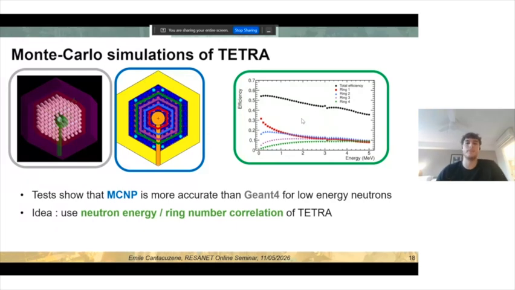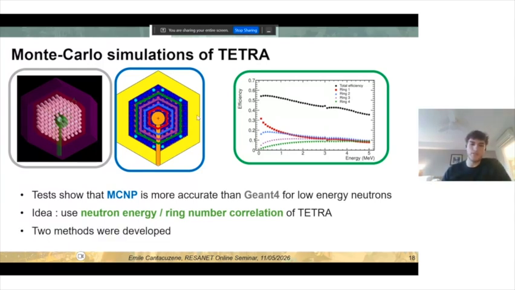And so the idea came up from this. It means that there's a correlation between ring number, and by ring number I mean the 1, 2, 3, 4 rings that make up each layer of TETRA, and the neutron energy. And the idea was that, because we can measure experimentally in which ring each neutron has been detected, if we do it properly, maybe we can find the neutron energy thanks to this correlation.